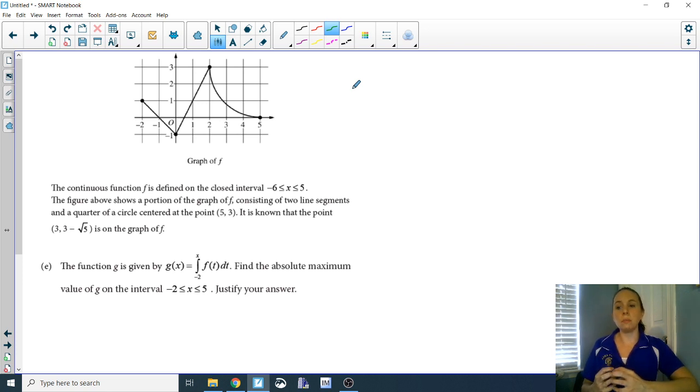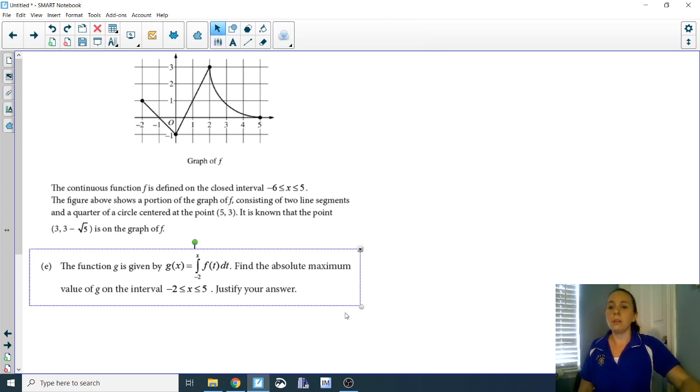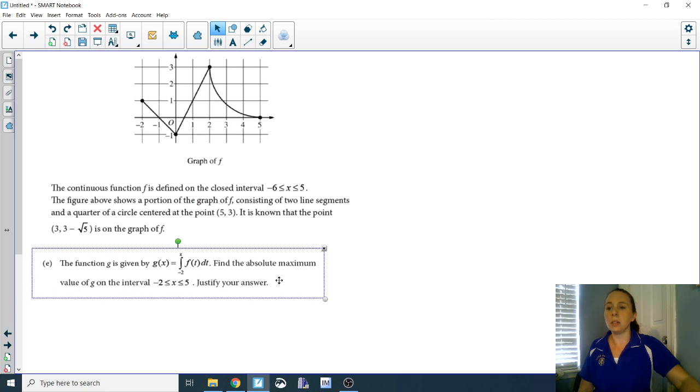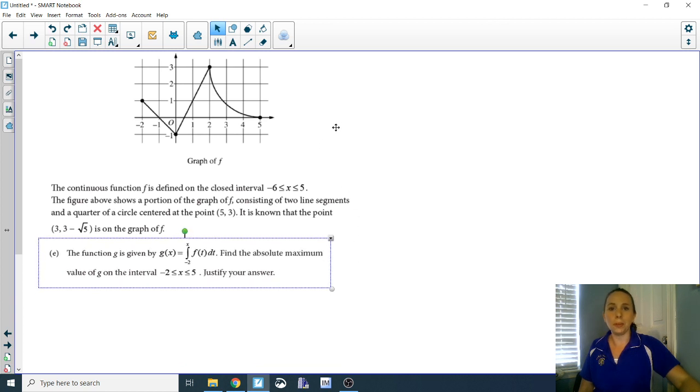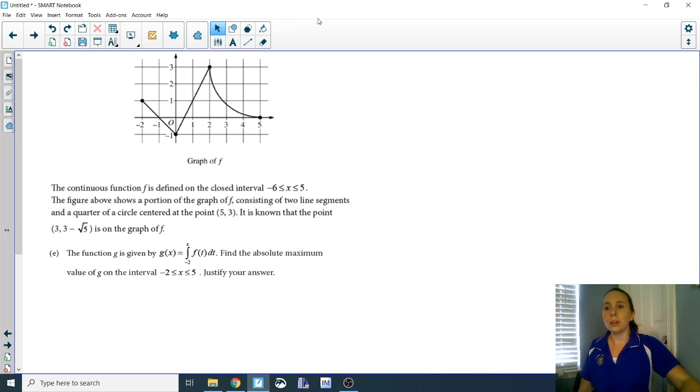Whenever EVT applies, the way that you test the possible maxes or mins is function value comparison, or in other words, I've heard teachers call it a candidate test. Let's just call it what it is. It's an x y table, or I'm going to set it up as an x, g of x table.